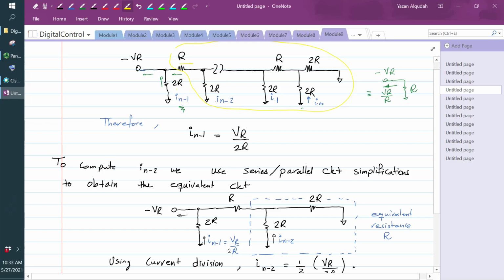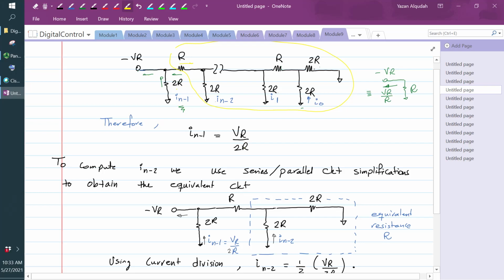So therefore, IN minus 1 is going to equal VR over R, this current, divided by 2, because half the current is going to go here, the other half is going to go here. And if you want to verify it, just please calculate and simplify these resistors, if it is still not clear.